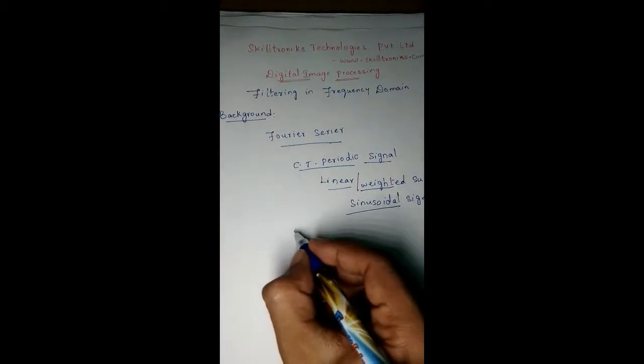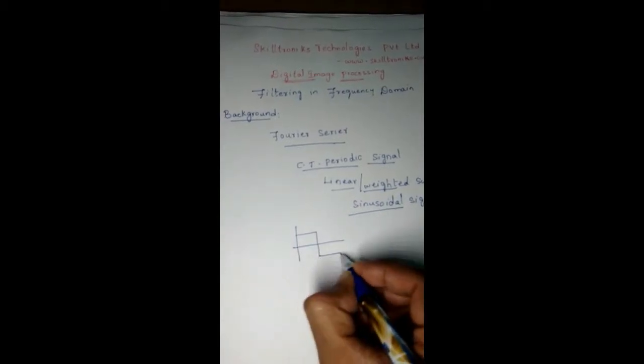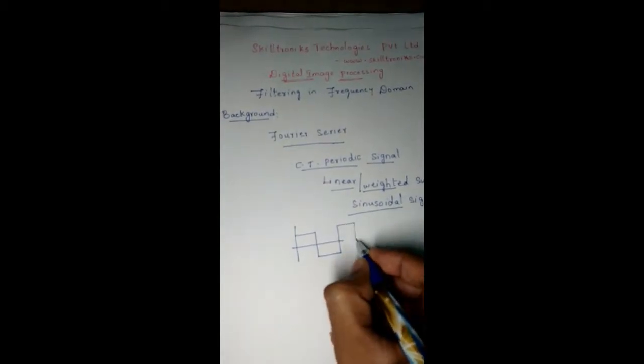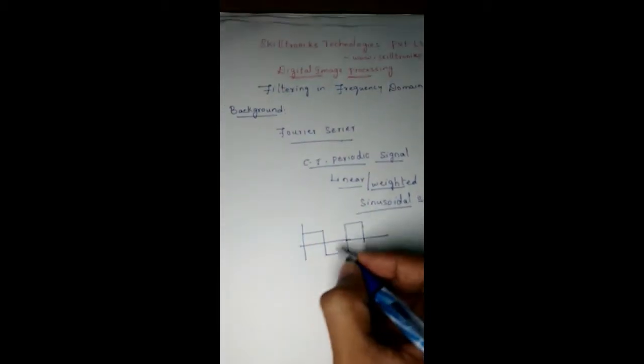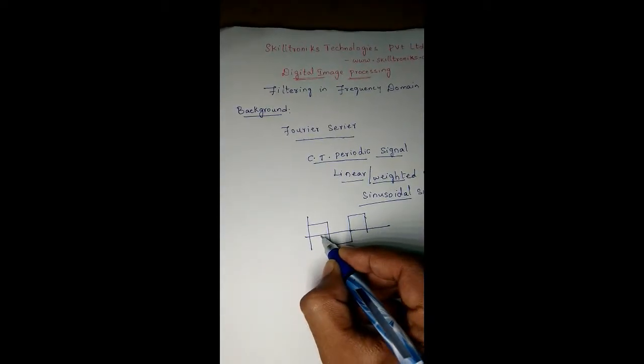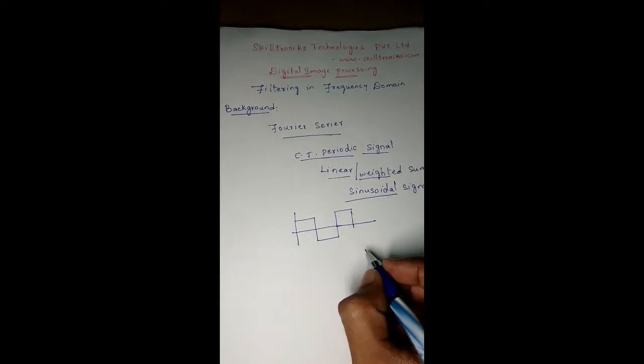That is, if we consider a square waveform, we can express this square waveform as a sum of sinusoidal signals.